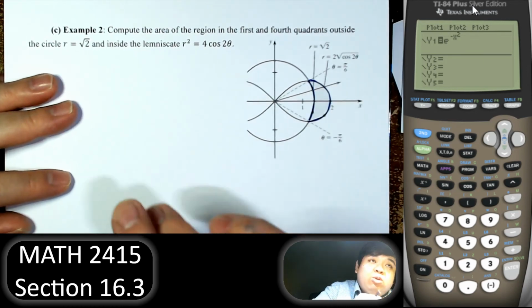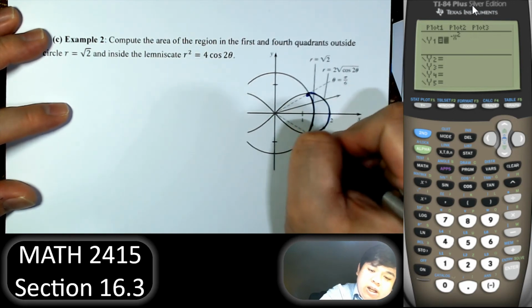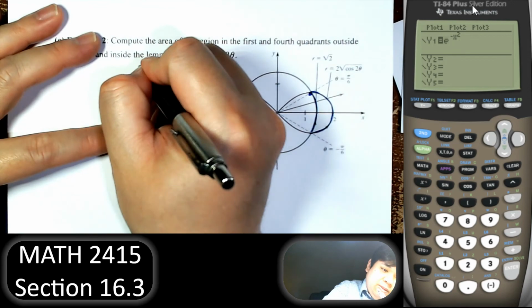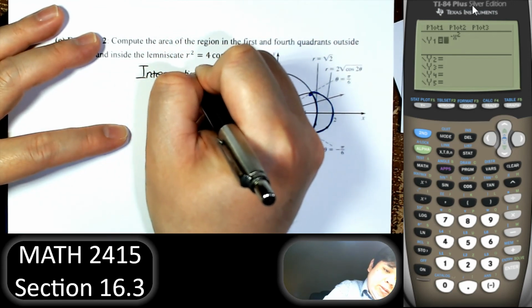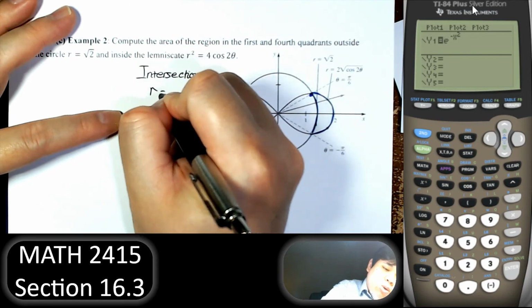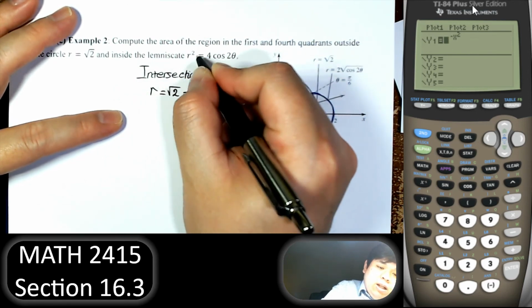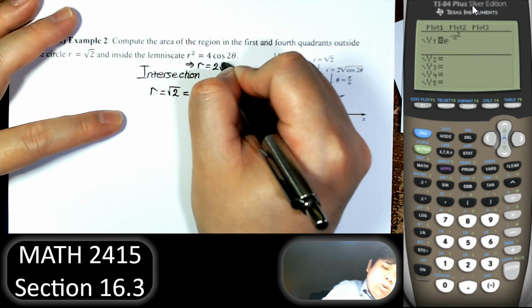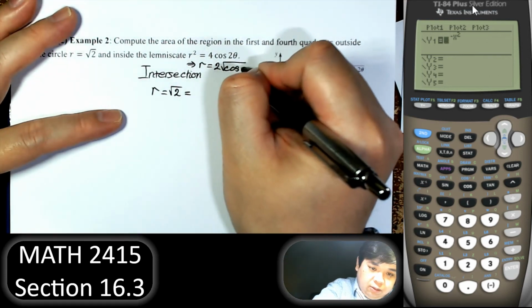So first what I'm trying to see is what will be the endpoint here, so we can find the intersection. One of them is r equals square root of 2. The other one is r squared equal to that. So if I take the square root, r equals 2 square root of cosine 2 theta.